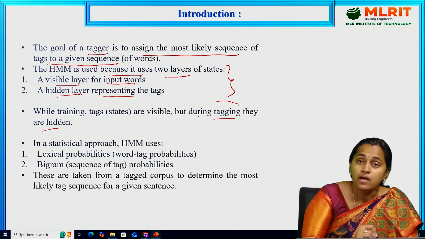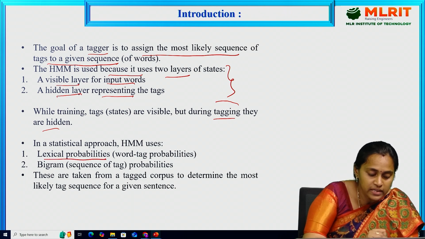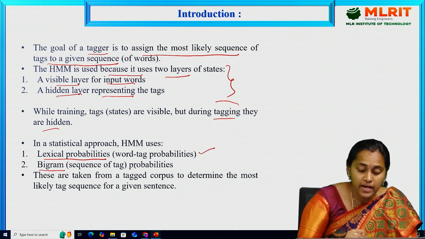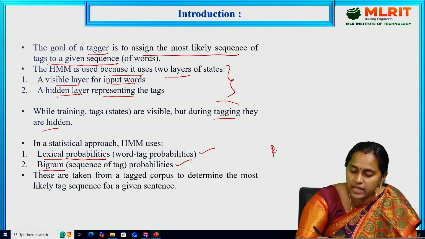In the statistical approach, HMM uses both lexical properties and bigrams. We discussed in the previous video word sequence probabilities and tag sequence probabilities, for rule-based POS tagging.